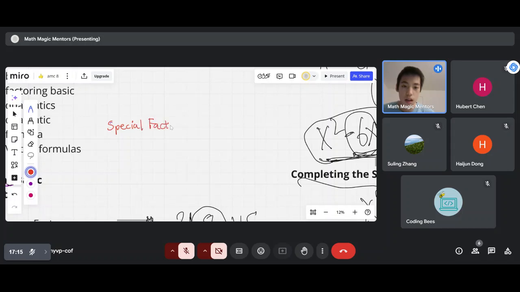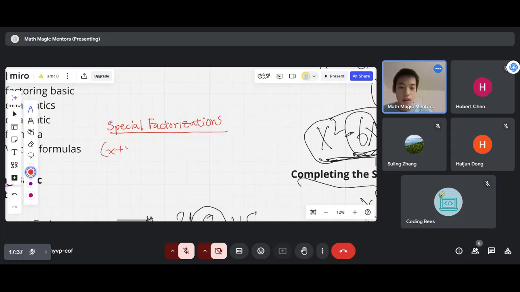It's really important to make good notes of these, because they will pop up a lot, especially difference of squares in contest math.